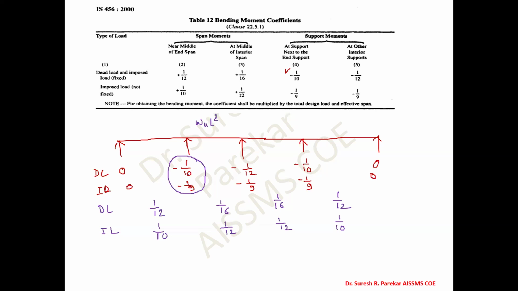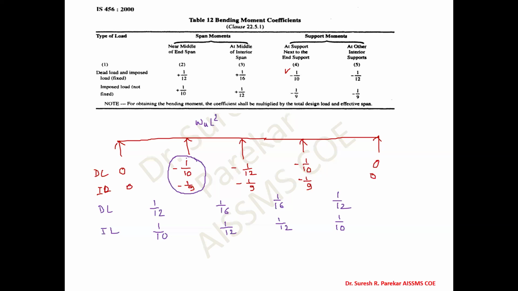So if WL square by 10, this is lesser one compared with all 12, 16. So here also we have 1 by 12. 1 by 9 is there, but 1 by 12. So this value is lesser. So this 1 by 10, that is maximum value in all these cases. So maximum moment we have always next to the end support.